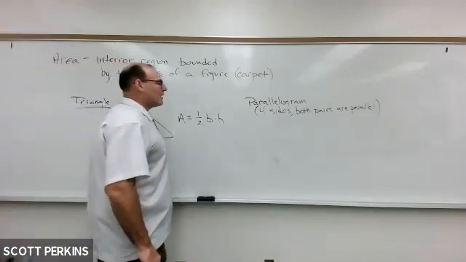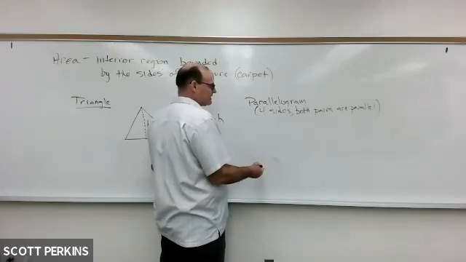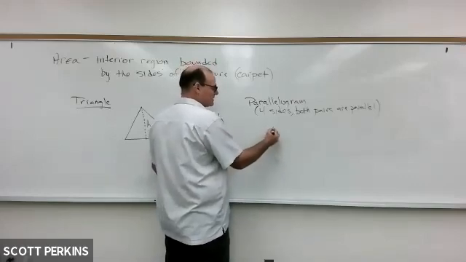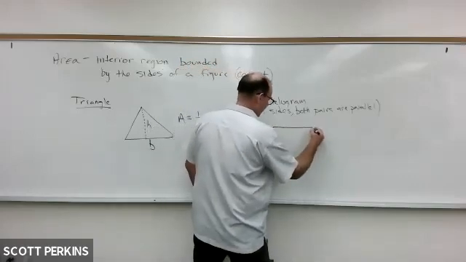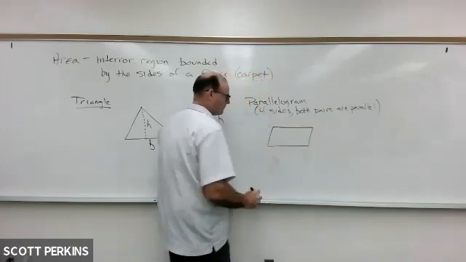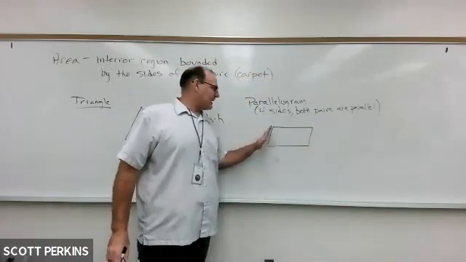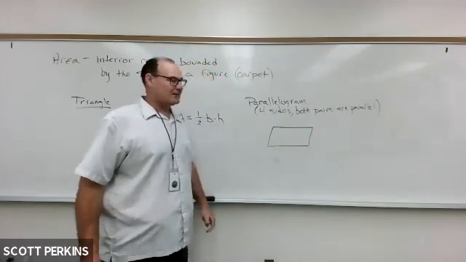So here is a generic parallelogram. Nothing special about this other than the 2 pairs of sides are parallel. So you can see it's got kind of a lean to it.